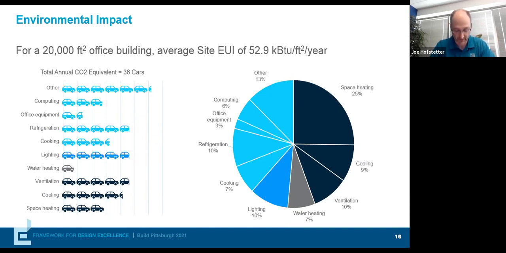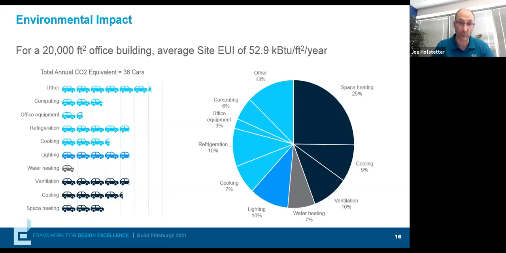So that's one example. Another example is we're getting pushed a lot on what a target EUI is going to be and how that ties into Energy Star comparison, which is really a facilities-based metric versus a design-based metric, if you will, because it really is about how you're operating the building.